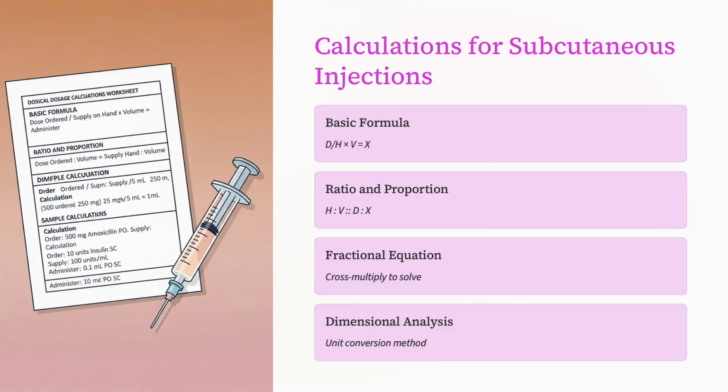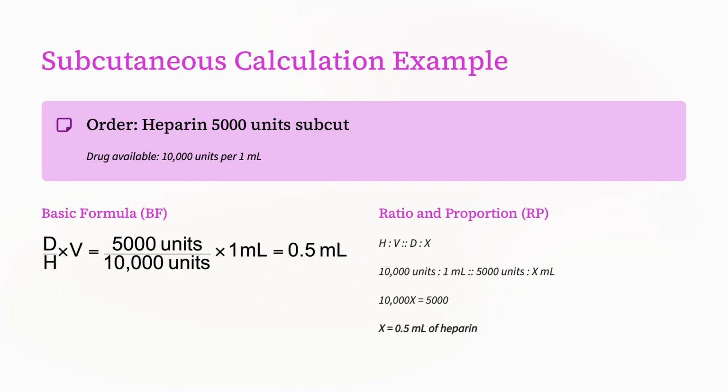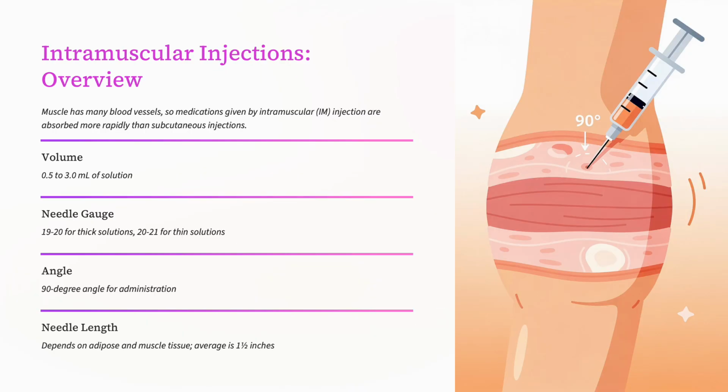So you can use any of these, and Unit 3 went into detail on those different types of calculations. So here's an example that you can use for a sub-Q. And so if you've got an order of 5,000 units that you're supposed to give sub-Q, and the available is 1,000 units per 1 milliliter, you can set it up either the basic way on your left, or the ratio and proportion way, or again, you can use dimensional analysis.